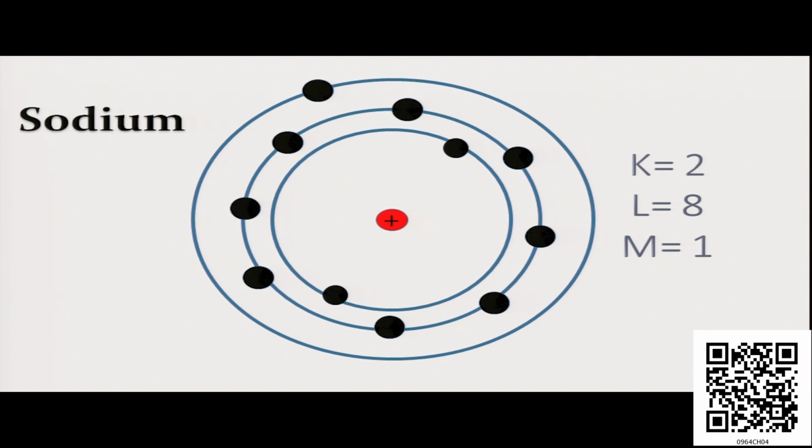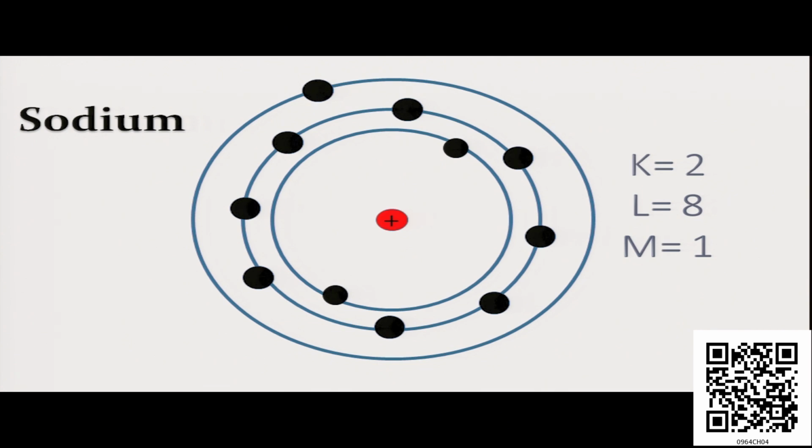In the K cell 2 electrons, the L cell contains 8 electrons, and the M cell contains only 1 electron. Here in the case of sodium, if we can remove one electron from the outermost cell, that is from M, it can achieve the electronic configuration of 2, 8. That is the configuration of neon.